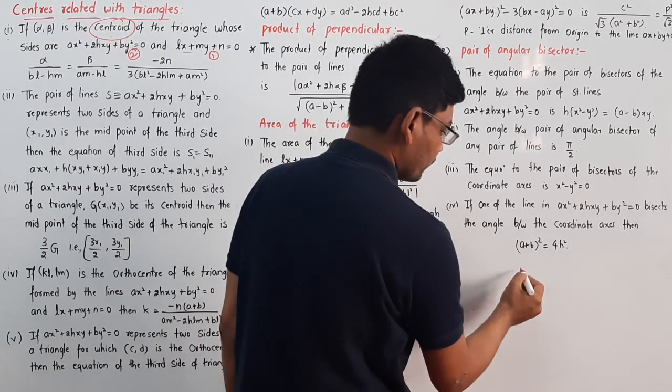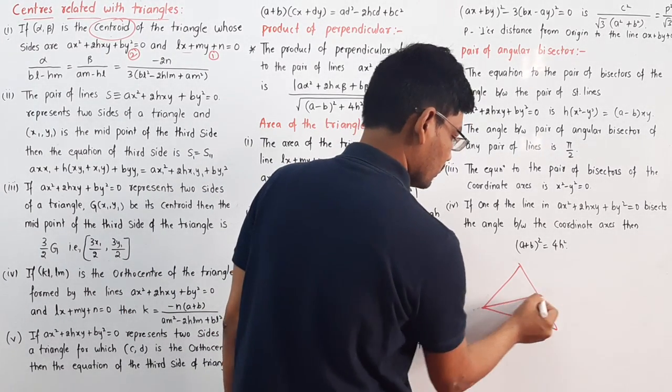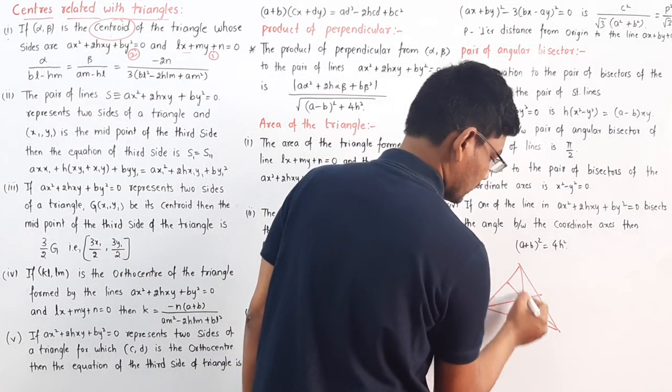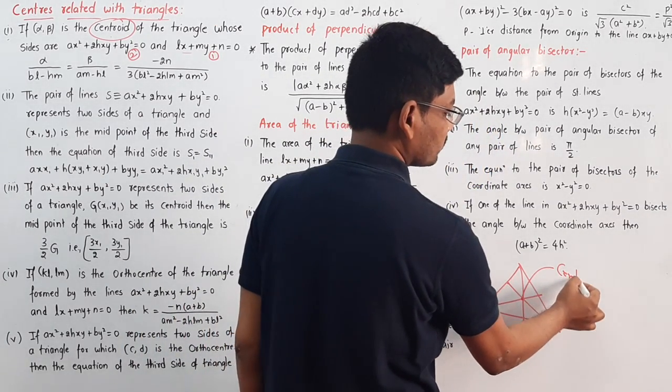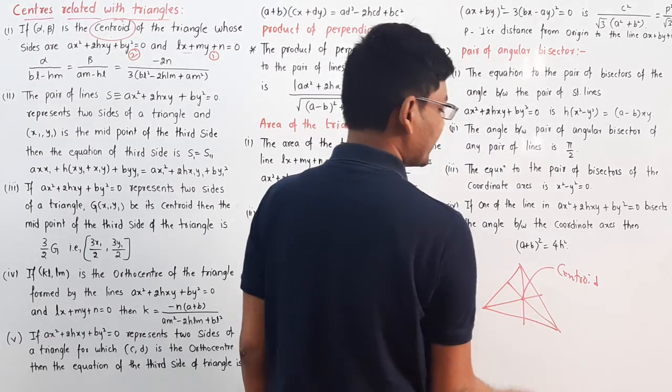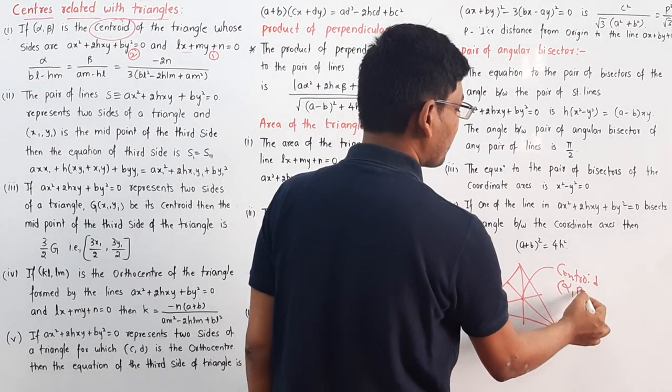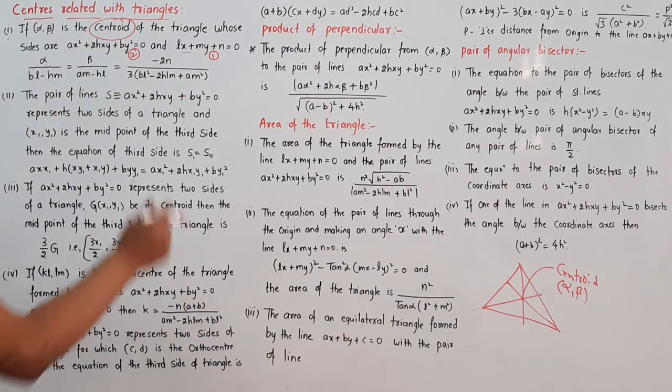What is being said about this is a triangle. This is a centroid here, and this centroid is alpha comma beta.